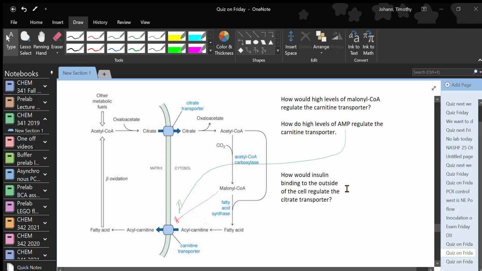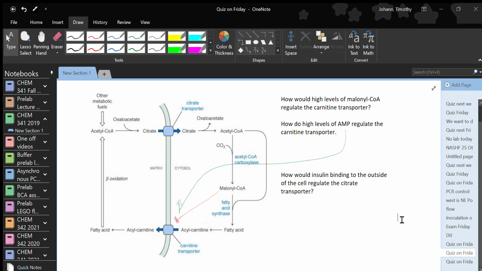So first off, to remind everybody, what does insulin signal? Activation of glycolysis. Yes, it's going to activate glycolysis, but what more generally does insulin being in your blood mean? High blood sugar. Okay, insulin's released after a meal, which means you have high blood sugar. Glucagon is the low sugar one. So we're getting a signal that we have high blood sugar.